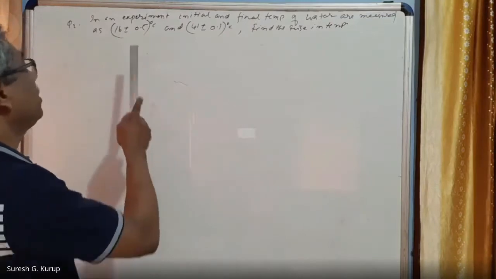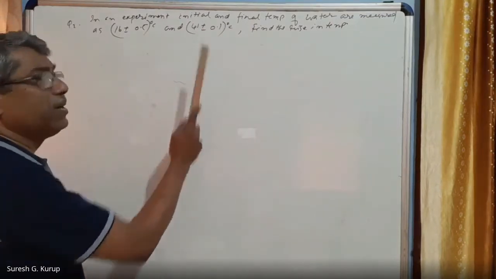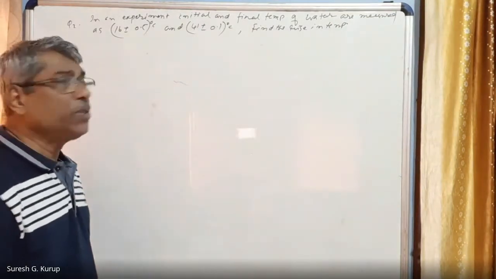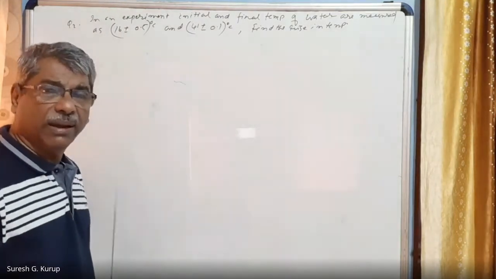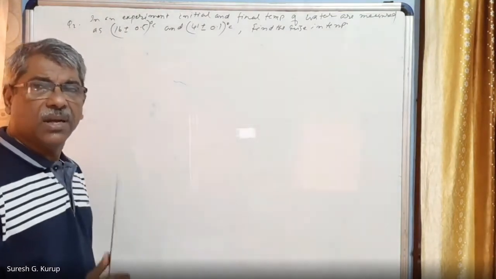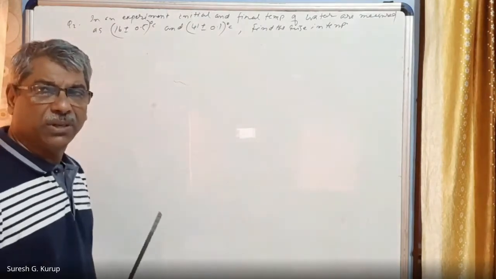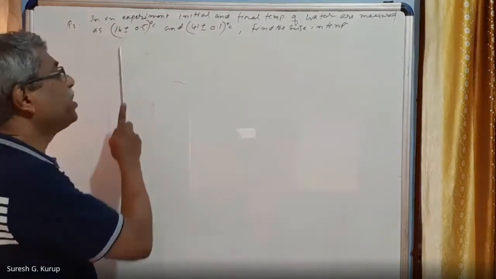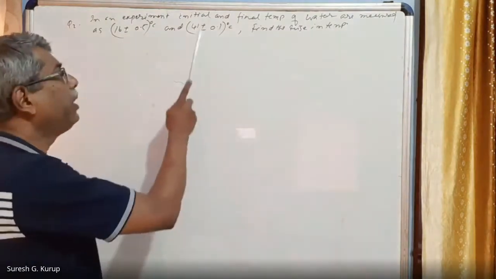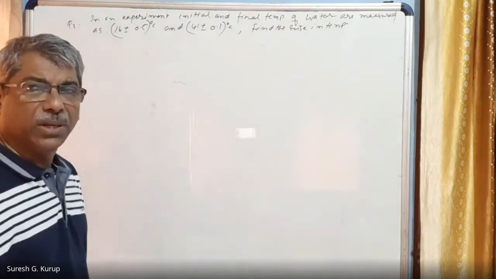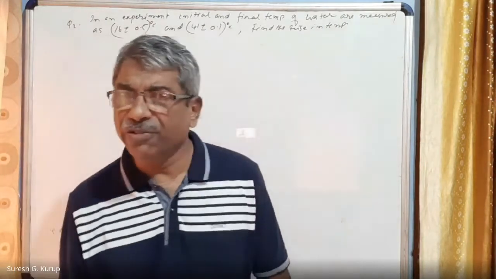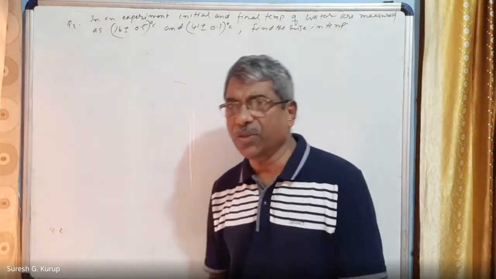So this is the initial temperature and this is the final temperature. Now we see these digits, 16 and 41, show the real values, the real value of the measurement. Initial temperature is 16, the true value, and the final temperature is 41. But when you observe it, some variation can come there. That is because of so many reasons that you have discussed.